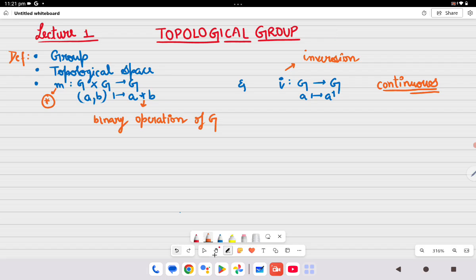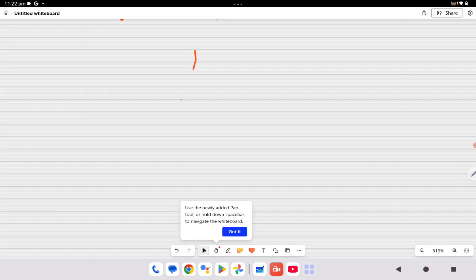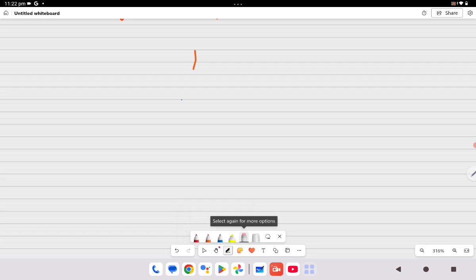Okay. Now let us look at some examples, since we now know what a topological group is. We will be proving that they are topological groups.